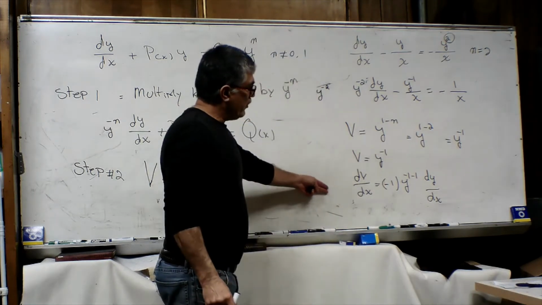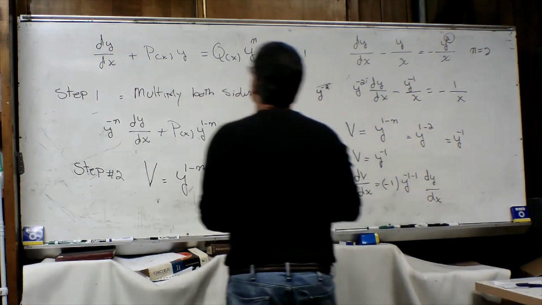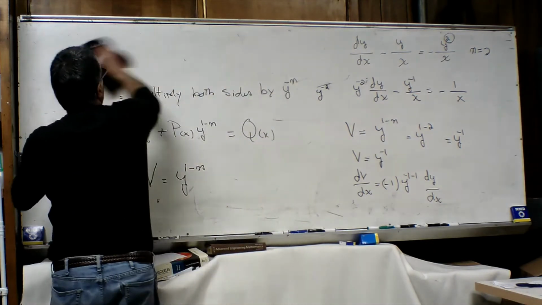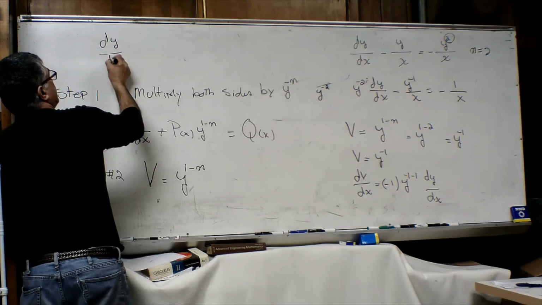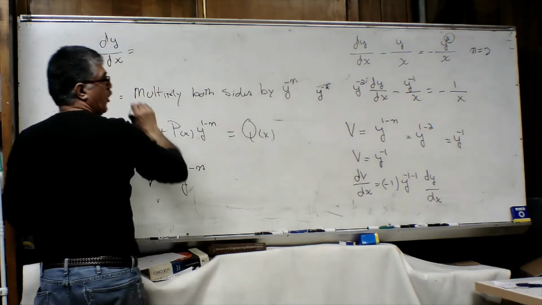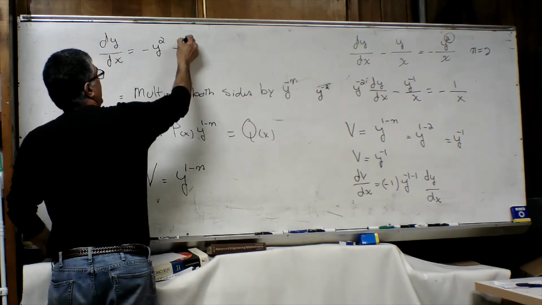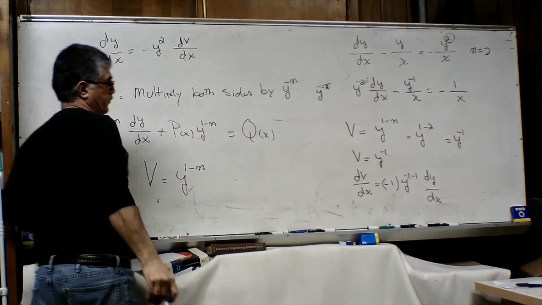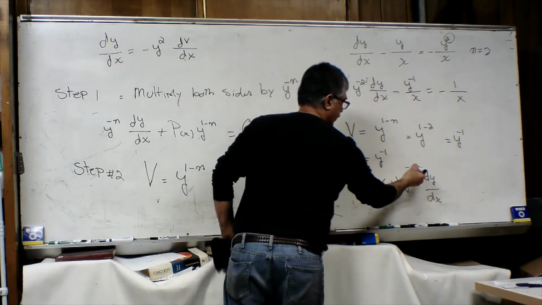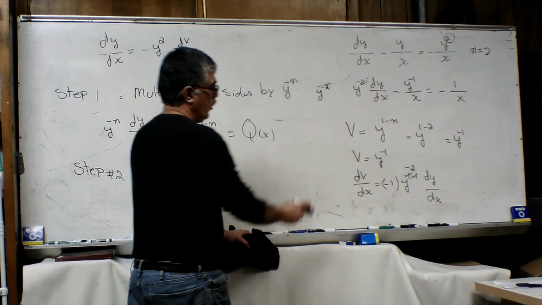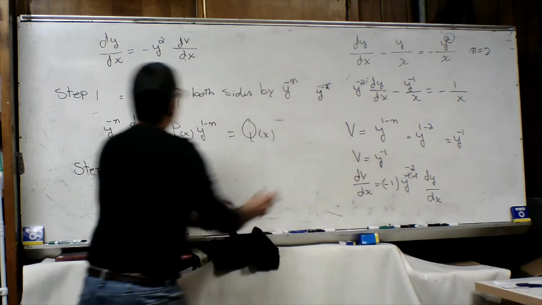If we solve for dy over dx, dy over dx will be equal to minus y squared dv over dx. Minus 2 and minus 2 is minus 1 and minus 1 is minus 2, so dv over dx must be multiplied by y to power 2.